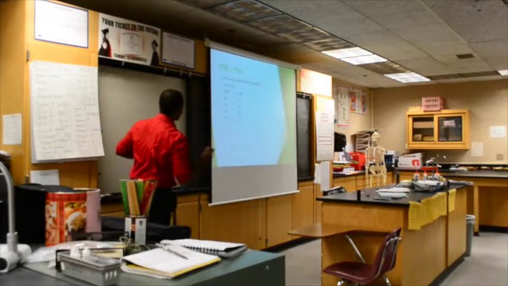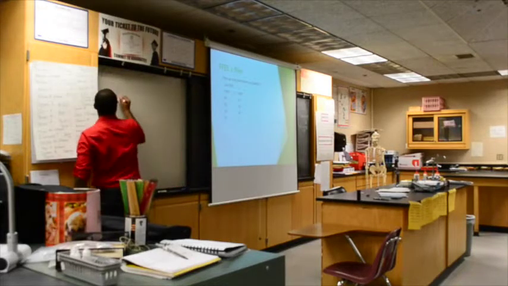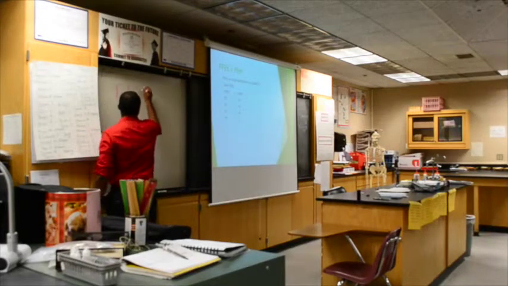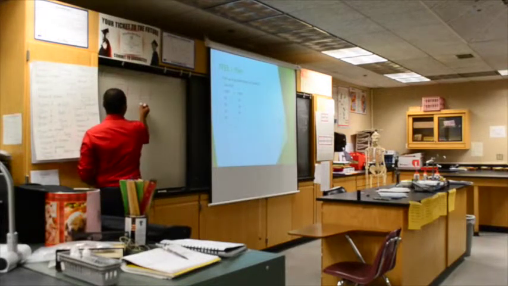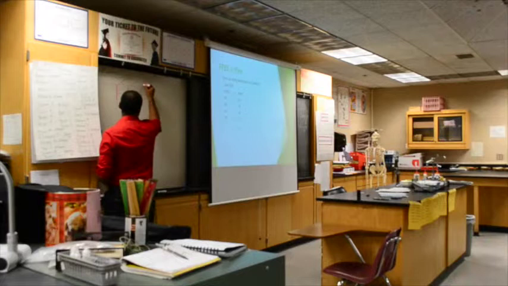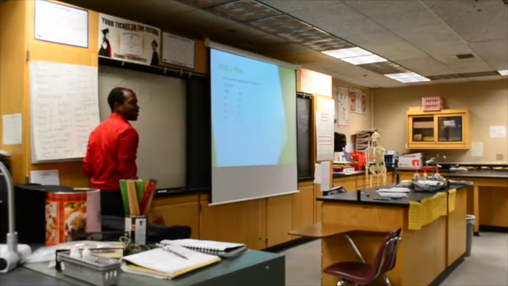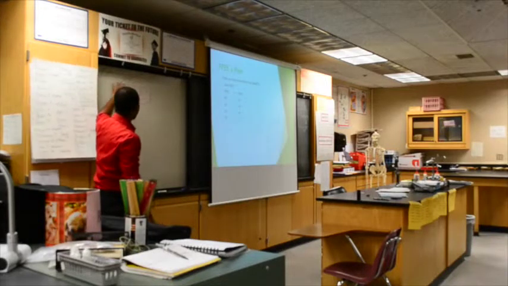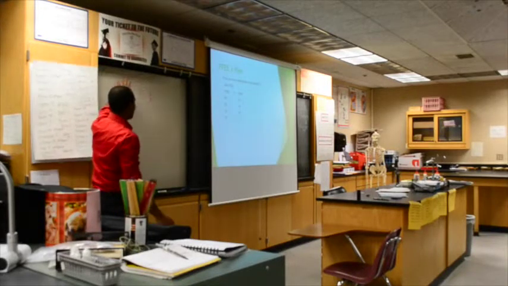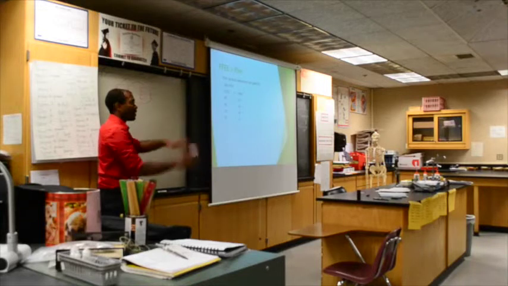I remember it, but I'll show you. So, big F, big F, big E, big E, FOIL. First, outer, inner, last. I take the first alleles of the F and the E, the first genotype and the second genotype combined.